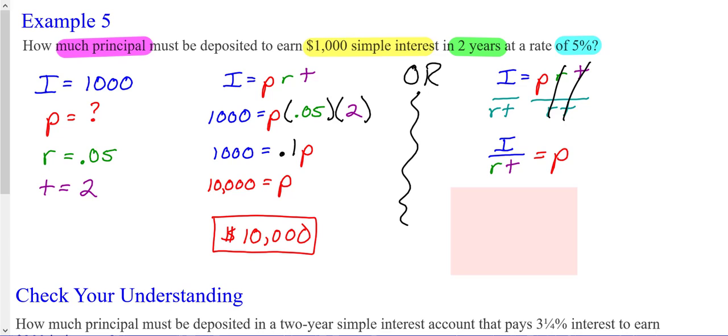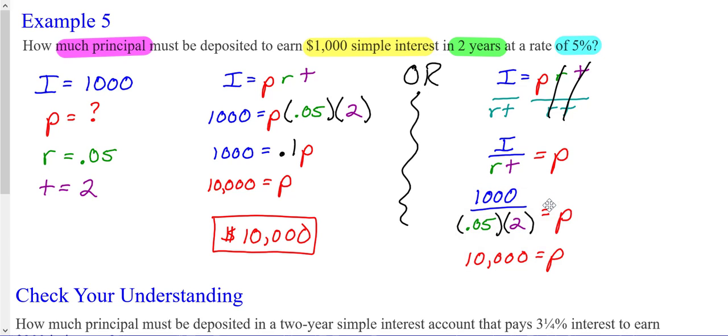Then all we would have to do at this point is take our numbers from the left side and fill them into our new formula. And you will see that we still ended up with 10,000. So either method will work. It just depends on which one makes the most sense to you. During the rest of these examples, I'm going to be using the first method.